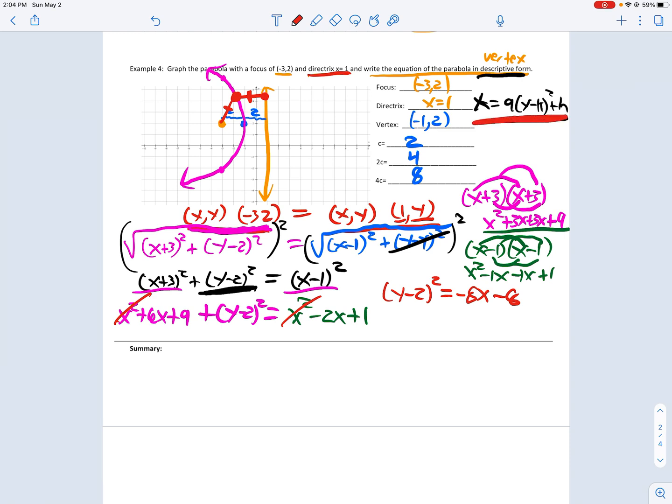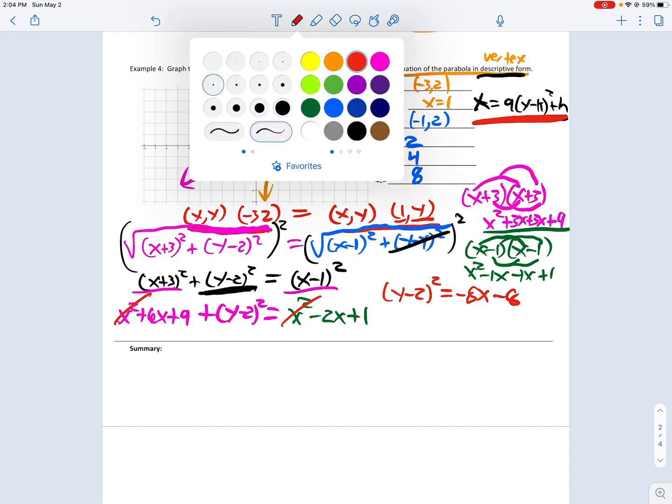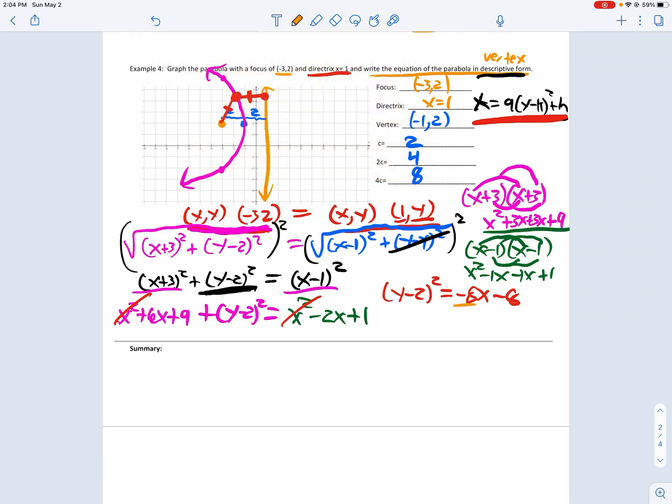Okay, so what we could do is notice there is a negative 8 we can factor out. So negative 8 would give us x, right, plus 1.